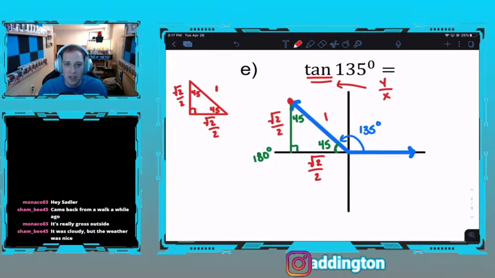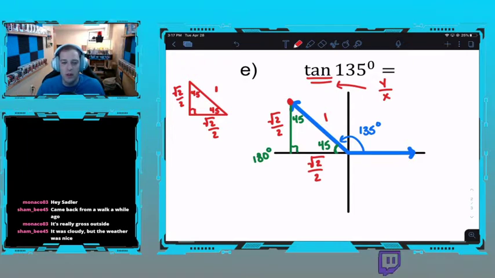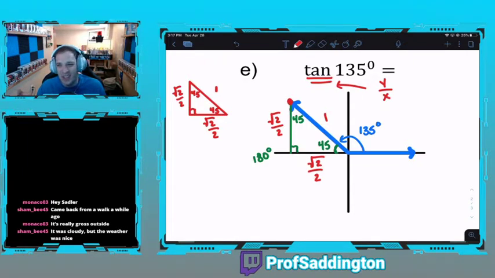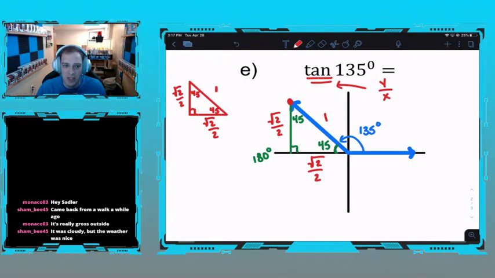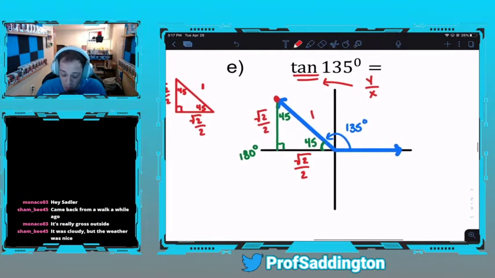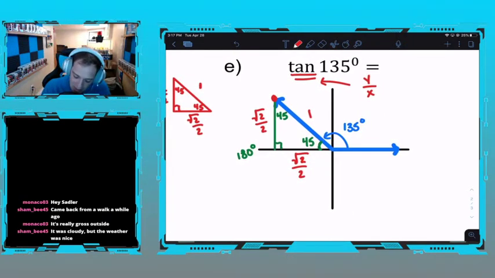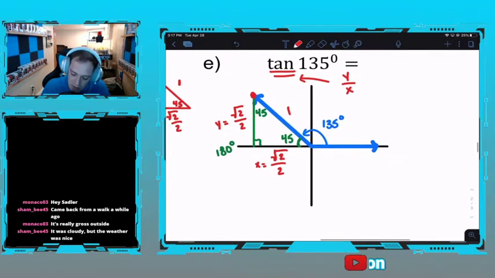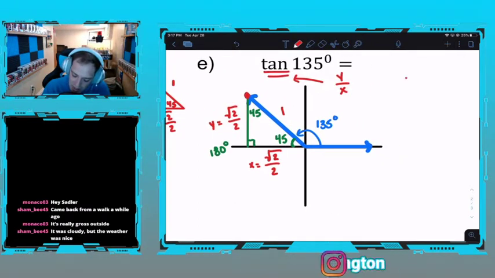So tangent says that we have to take the y value and put it over the x value. So there's a little bit more work when we're working with tangent. Not a ton more, but again, x value goes sideways, y value goes up and down. So if I plug those in, I'm going to have radical 2 over 2 all over radical 2 over 2.